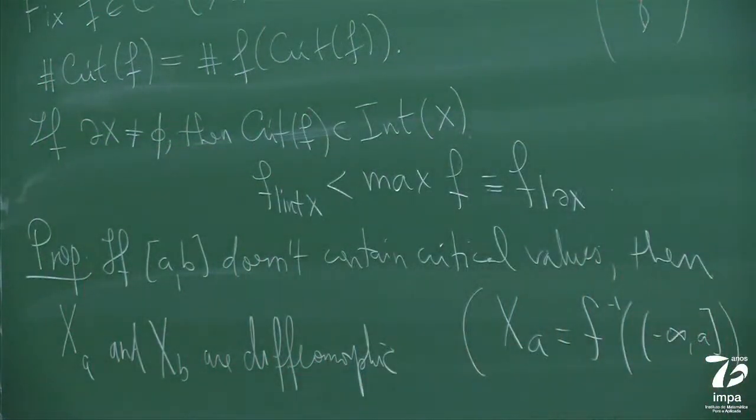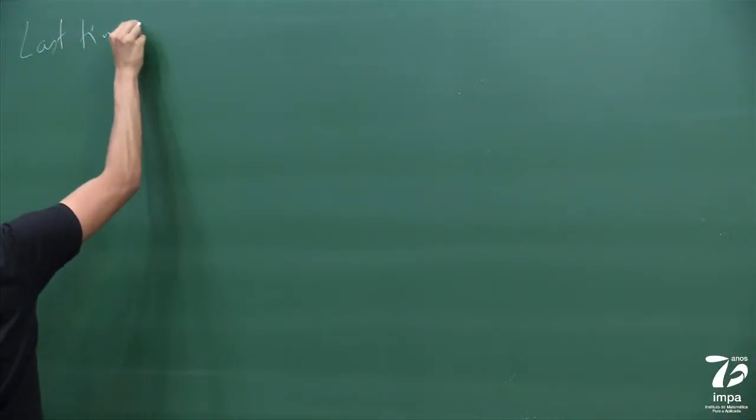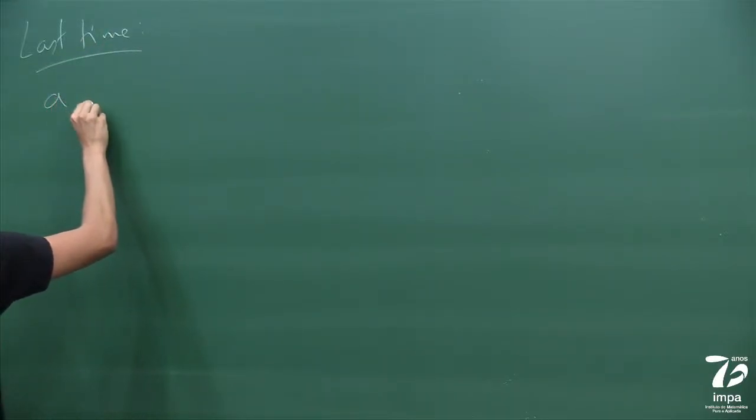And then towards the end of last class, we were looking at what happens when you do cross a critical value. So last time we were still looking at, so what if A is a critical value?